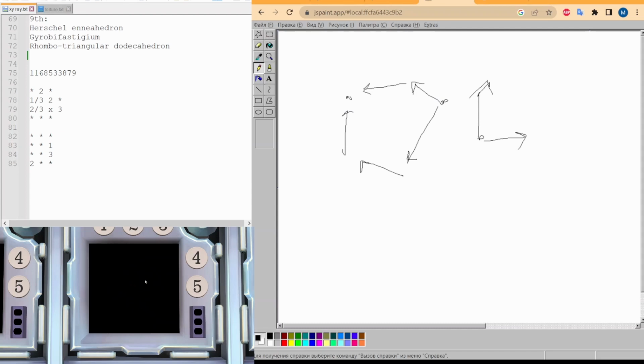Let's see again. From here, it went here, here, and then this went here, and from here it went here, which gives us a shape of 4 sides. Once again, 1, 2, 3, 4.